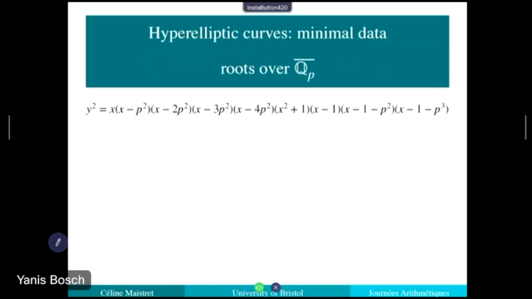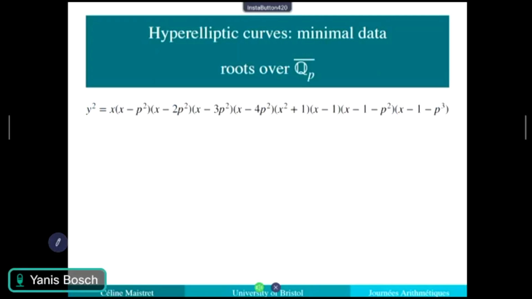So let me give you an example. This is a genus 3 hyperelliptic curve, and again I will present it to you as a bunch of roots. The roots could live in Q_p bar. In my example, they're just over Z_p. And I'm going to be interested in the valuations of their differences in Q_p.